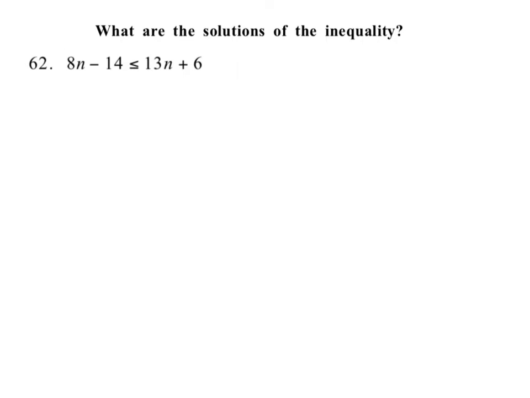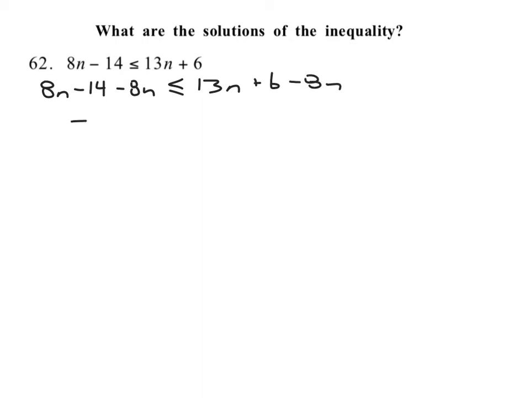Okay, what are the solutions? I am going to get all of the variables to one side, and I'm going to do that by subtracting 8n. So I'm going to say 8n minus 14 minus 8n to take it off. It's less than or equal to 13n plus 6, what's already there, minus 8n.